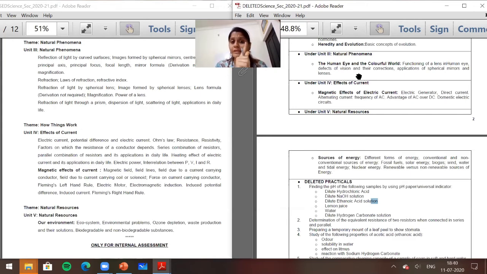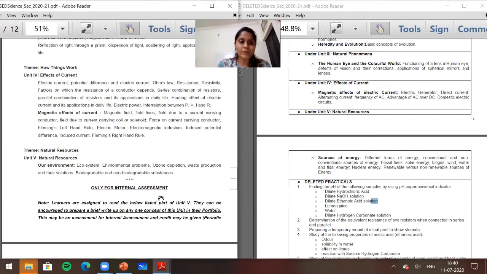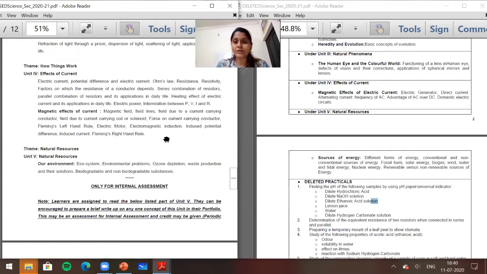So no change in the electricity part, but in the magnetic part, the change is that the generator, again an important topic which used to come for 4 mark or 5 mark questions on construction, working principle and diagram of electric generator, was there initially, but now it's not there.